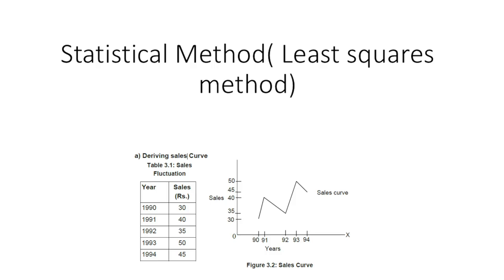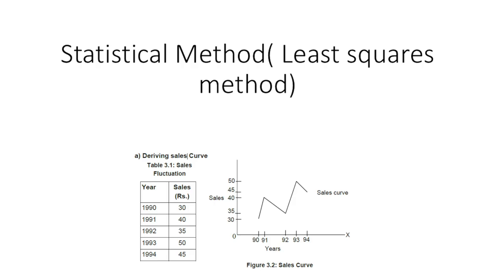For that, we use the least square method. It is basically a straight line concept, and we are trying to fit the historical data in the straight line so that the variations between the sales curve and the straight line are minimized.